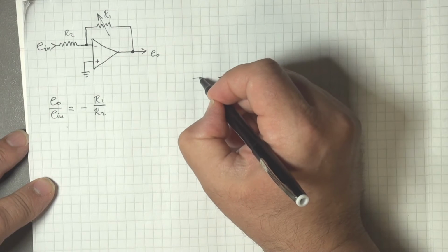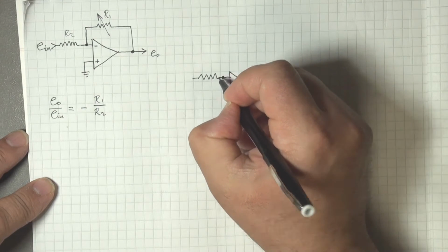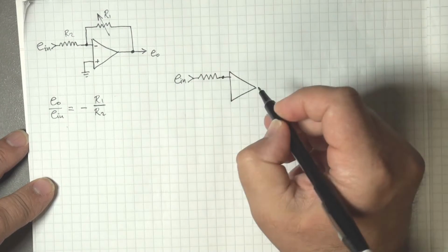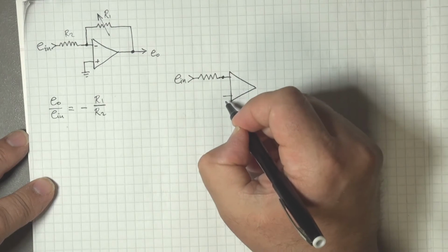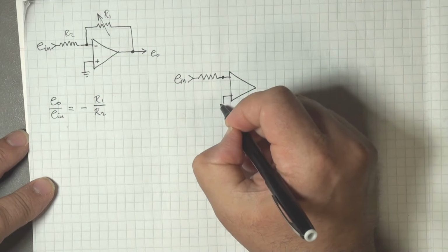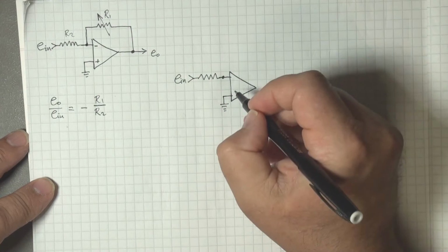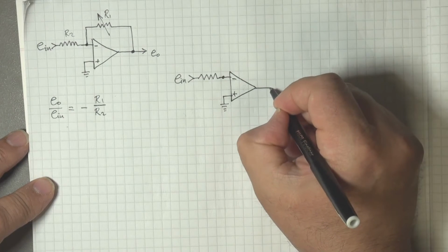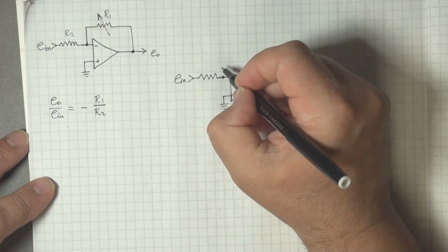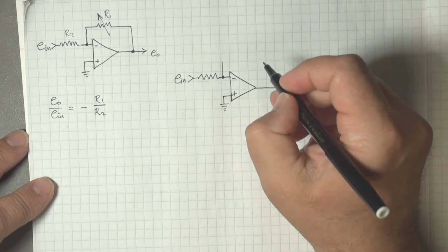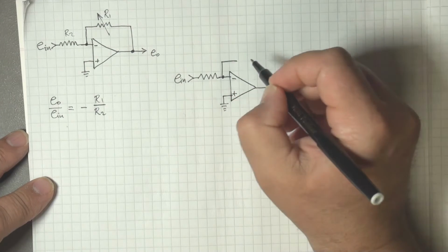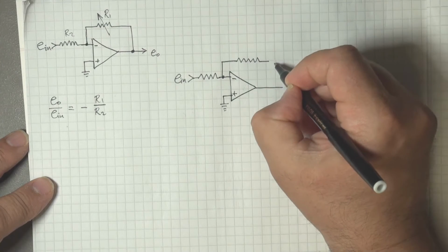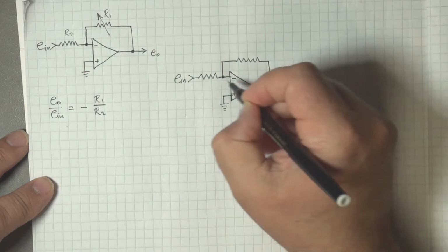So R1, R2 is going to remain the same as before, grounding the non-inverting input. So we will still have a resistor, a feedback resistor, that is static, taken from the output back to the inverting input.